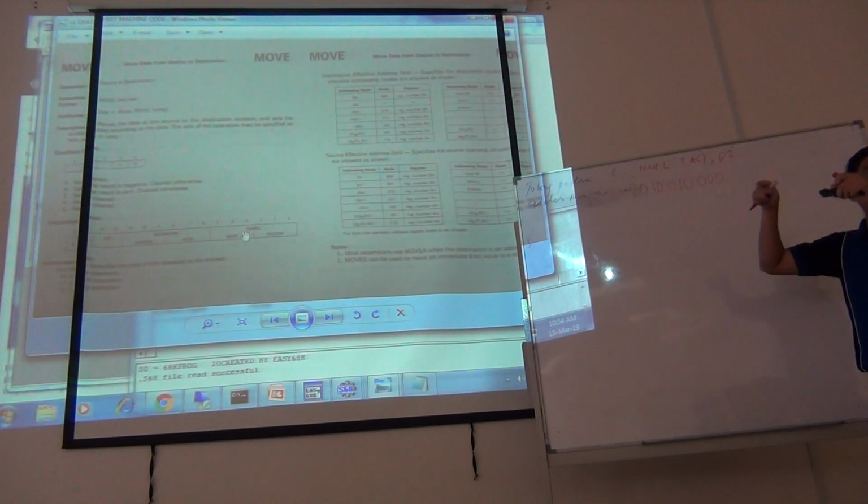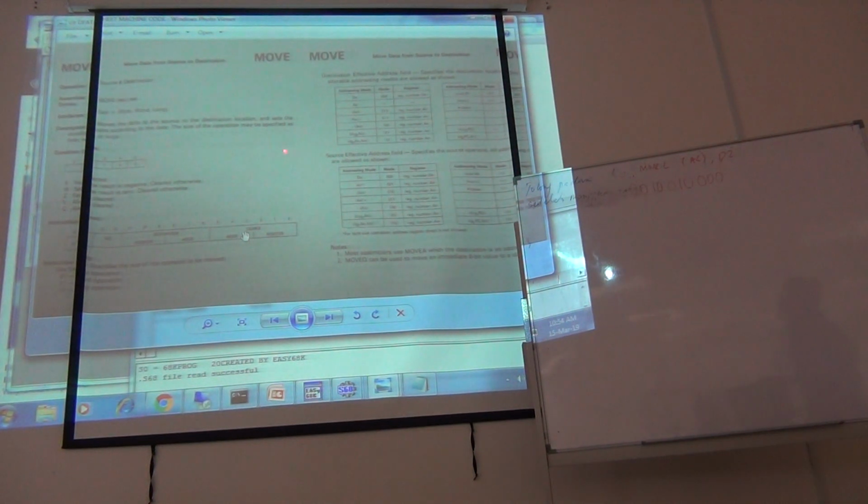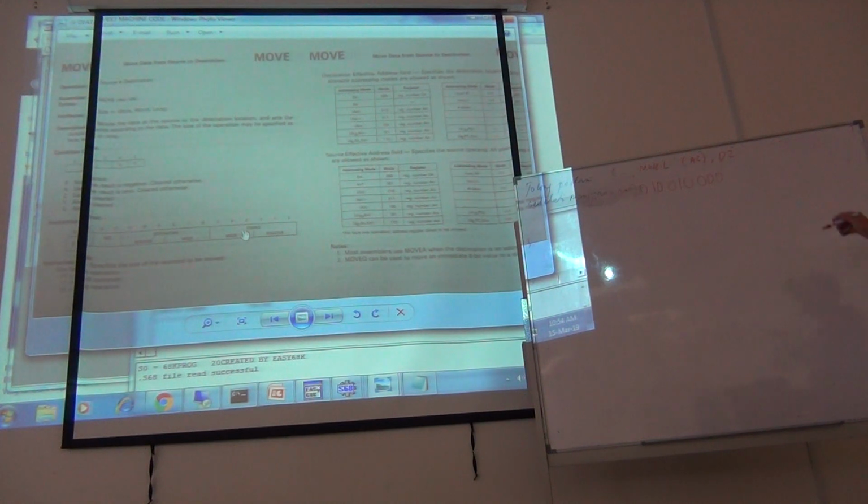Source is (A3). Bracket A3 means you are referring to the source over here, the address bracket here. The mode is 010 and the register number is 3, 011.